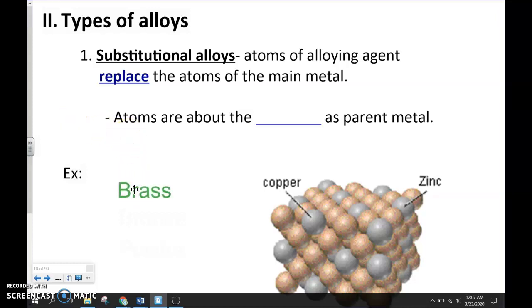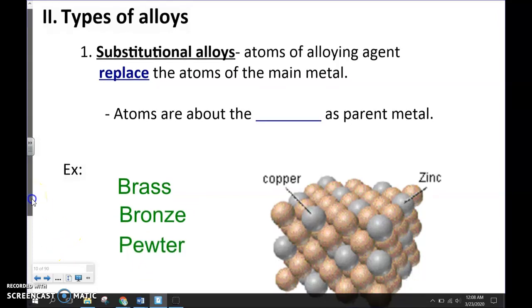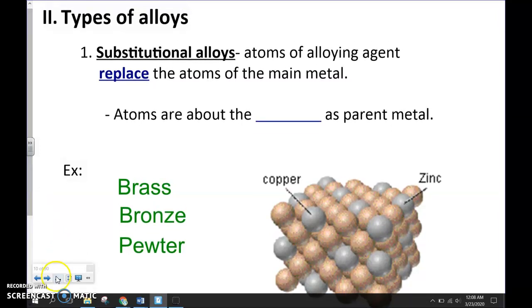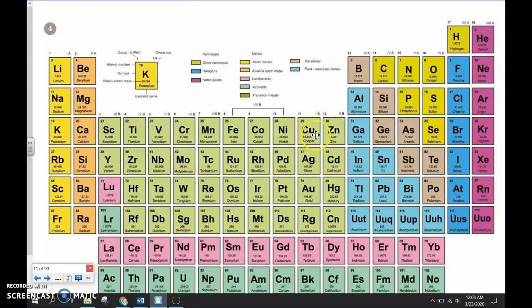Examples would be brass, which you see pictured here. Bronze would be another example of a substitutional alloy, and pewter as well. Now these work as substitutional because, take a look at copper and zinc here, which are what's created in brass.